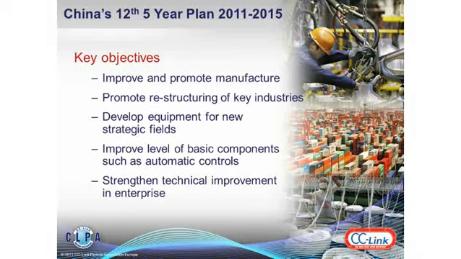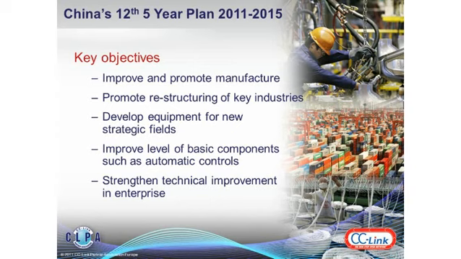Another key point to consider is the 5-year plans of the Chinese market. This is something that the Chinese government has been implementing for a considerable period of time. We're now on the 12th 5-year plan, which begins in 2011, this year. And the key objective of this plan is to improve and promote manufacturing by encouraging equipment replacement and upgrade of production equipment.